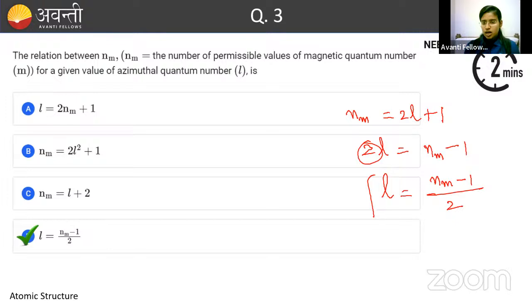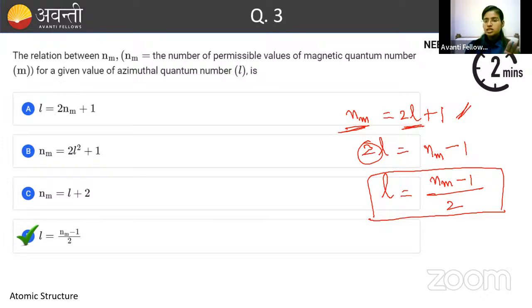Got it? So ultimately, you need to learn this formula, which is the relationship between magnetic quantum number nm and azimuthal quantum number l. So magnetic quantum number is equal to 2 into azimuthal quantum number plus 1.